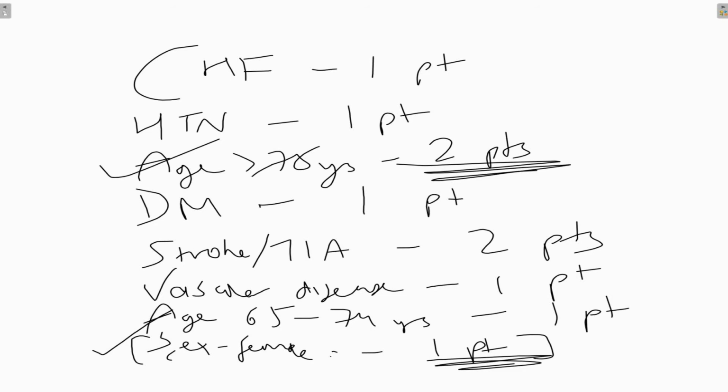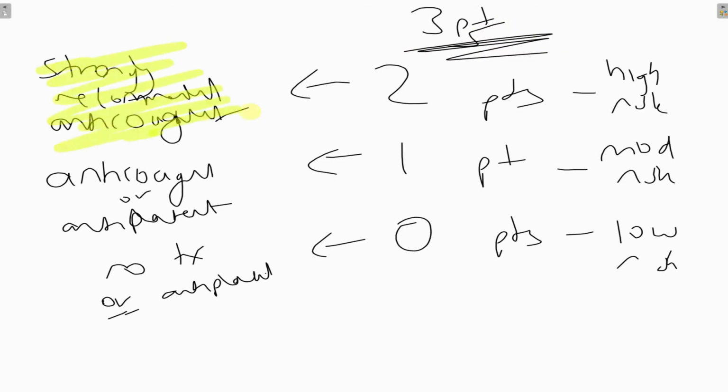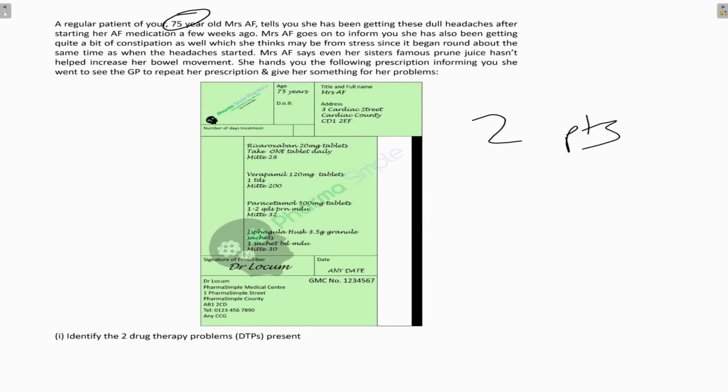So that means that her total comes to 3 points. So we should put her in the strongly recommended anticoagulant category, because she's obviously at a high risk of developing a clot. Now, if we take that back to the prescription, we can see she's been given an anticoagulant.